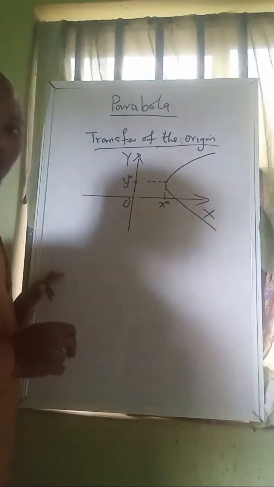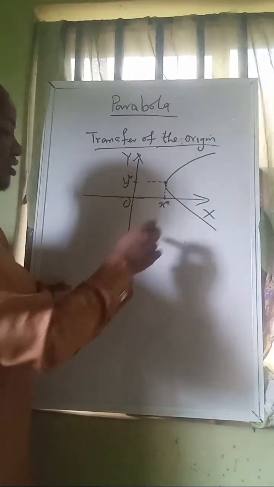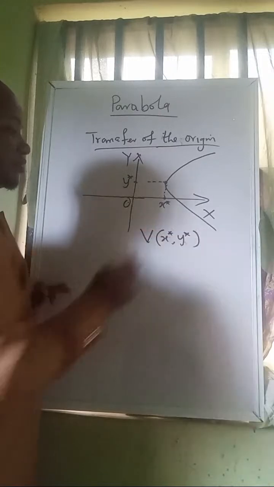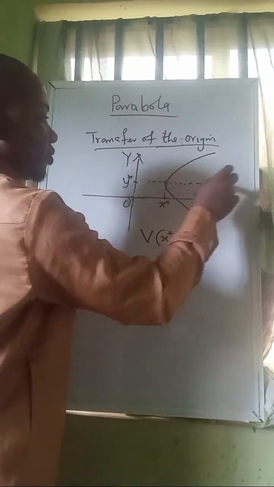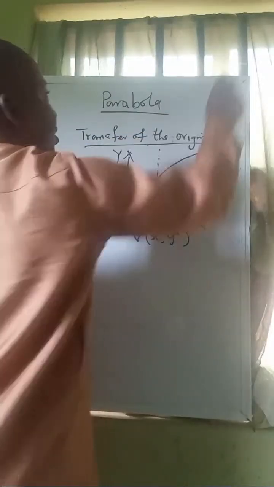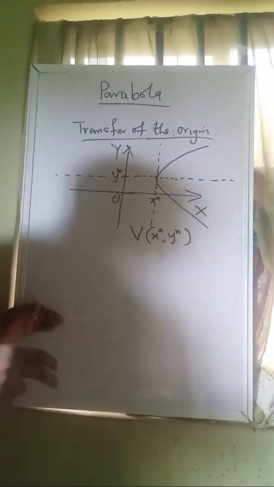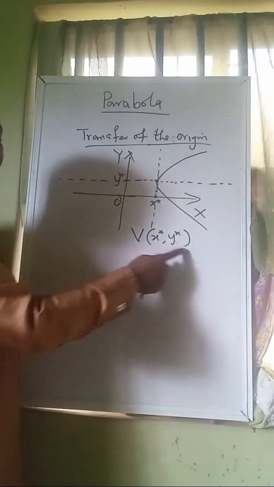That's what we refer to as the transfer of the origin. So the vertex is now at X star, Y star. We have transferred the origin to this point, and the vertex is like this.